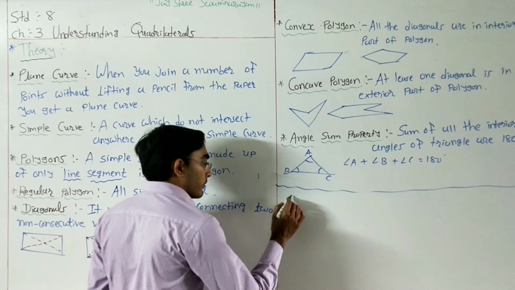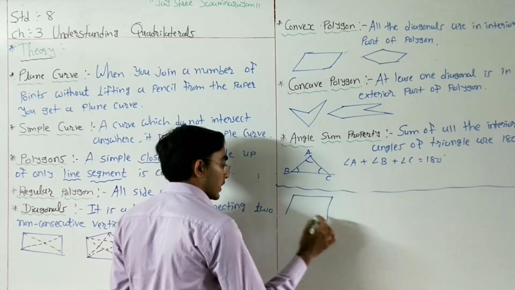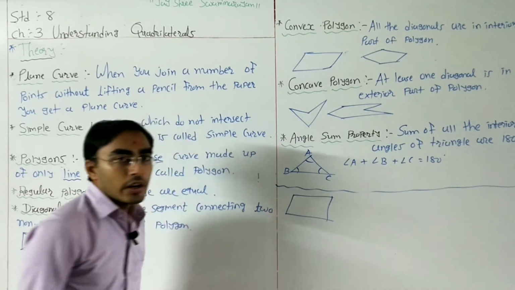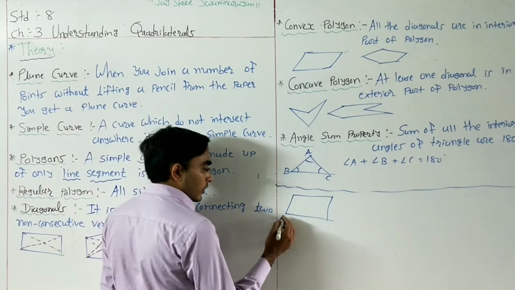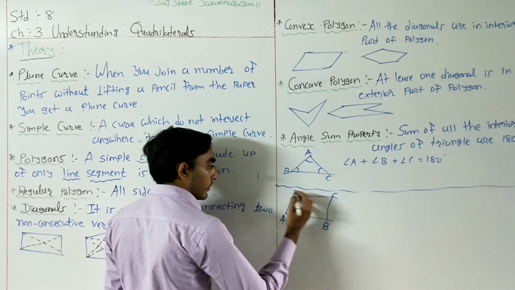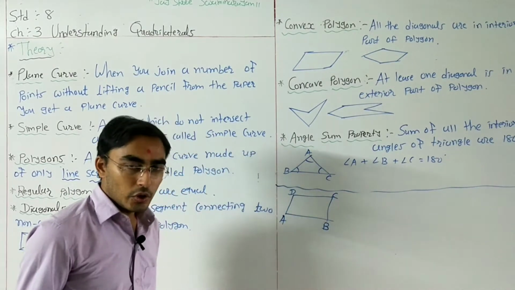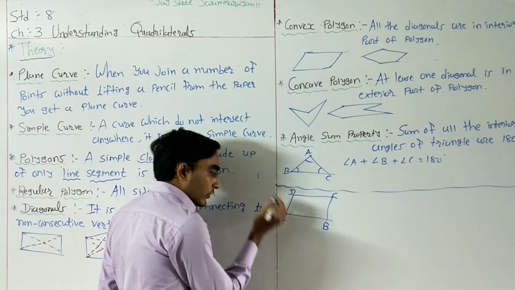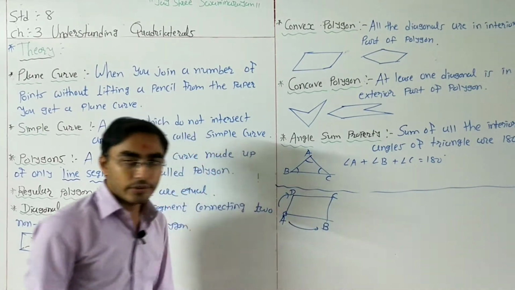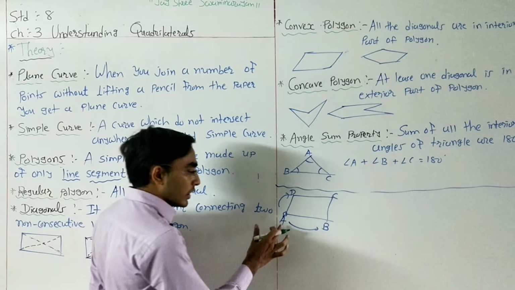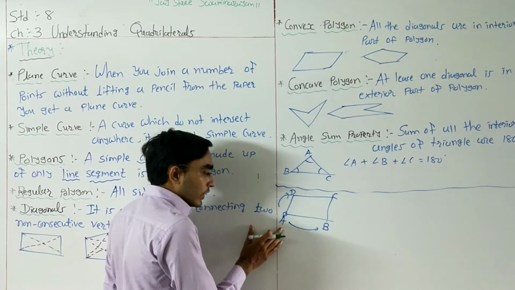If we talk about a parallelogram, here how many vertices do we have? 4 vertices: A, B, C and D. Now if we talk about vertex A, then these two are consecutive vertices on both sides.